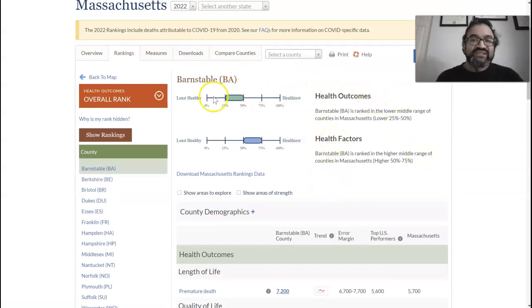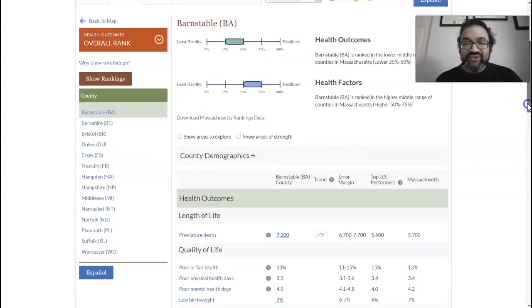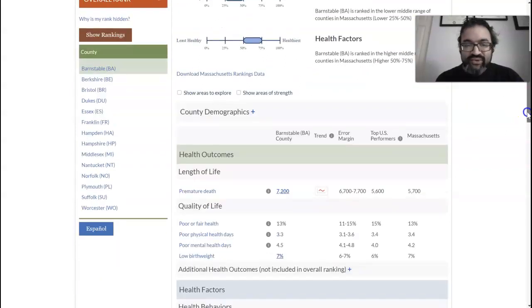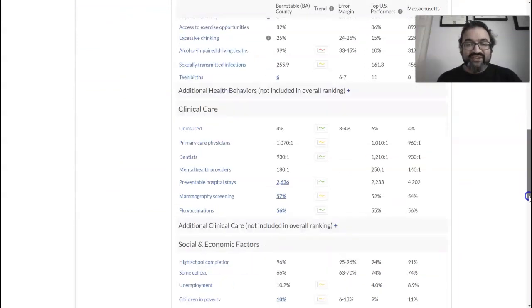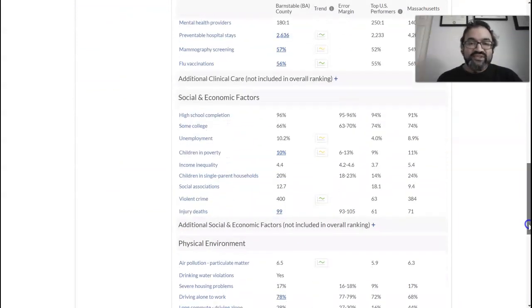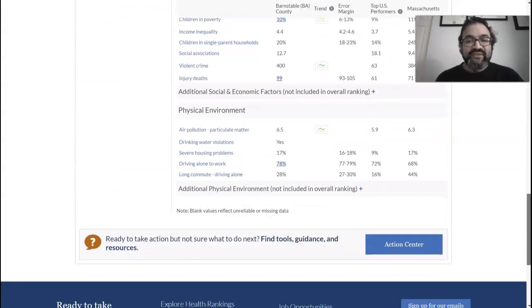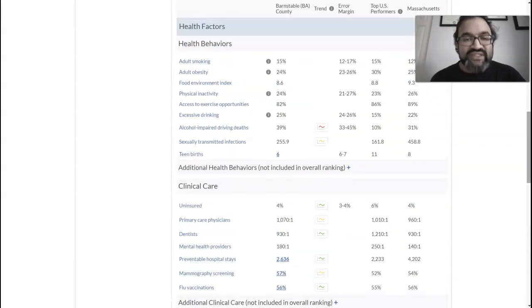Health outcomes are a little bit lower, middle range, but health factors are a little bit higher range. This can then break down into health outcomes, health factors, clinical care, social and economic factors, and physical environment. So very specific designations by category.